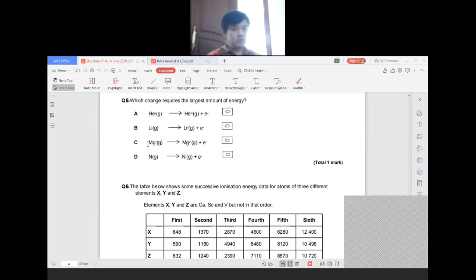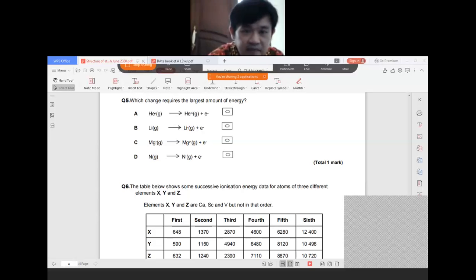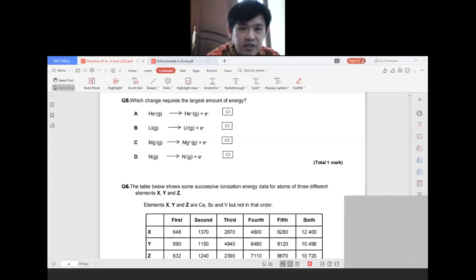Magnesium, group 2, has 2 electrons in the outermost shell. Nitrogen has 5 electrons in the outermost shell. Helium has 2, and helium is a noble gas. So helium must have the largest amount of energy for the first ionization energy.